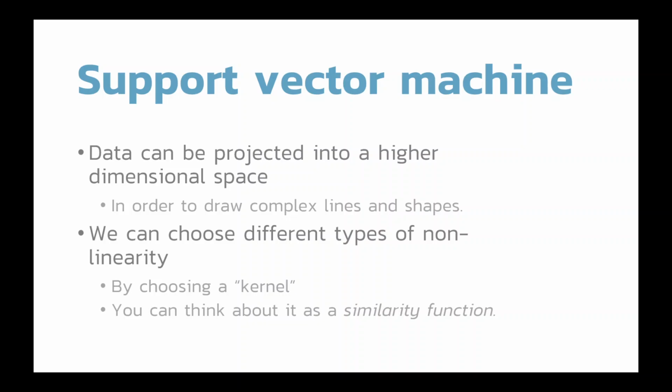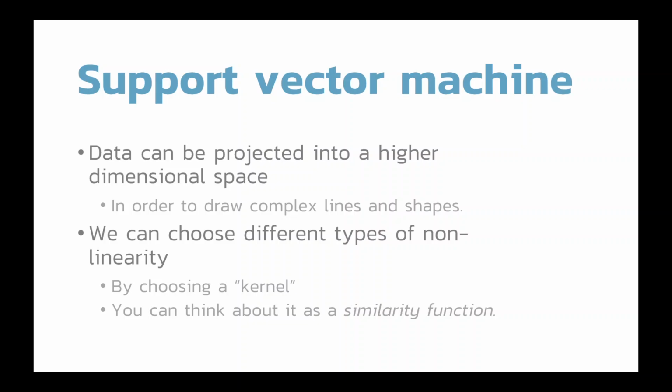So SVM is a linear model, but it doesn't restrict you to the dimensions that you have. It allows you to warp your data to a higher dimensional space and then come back to your normal space, and then your decision surface will become non-linear. So that is the power of SVM.